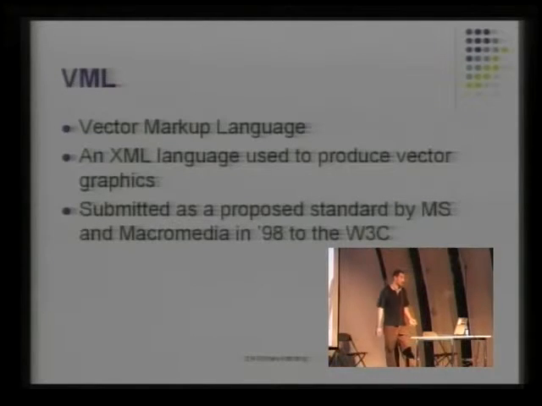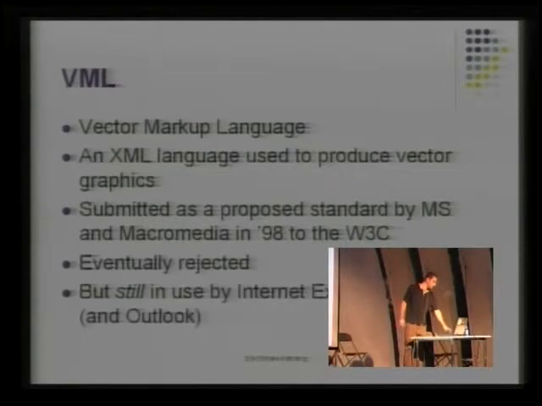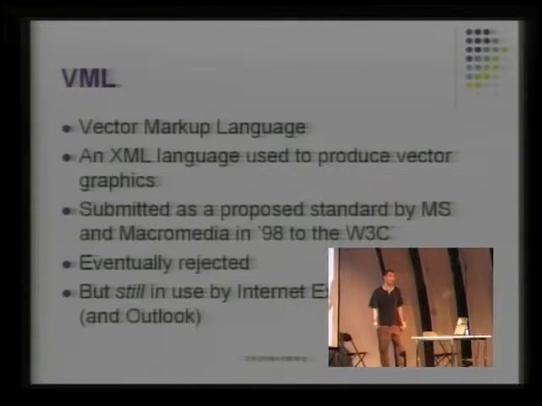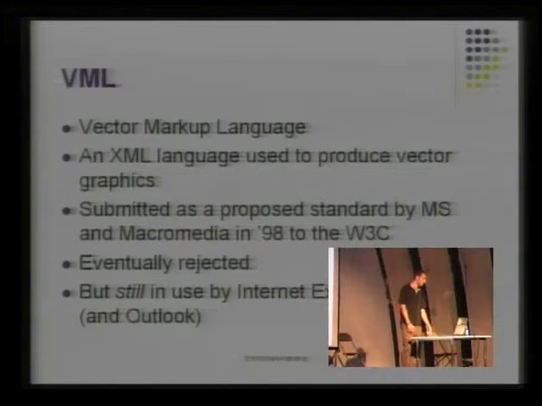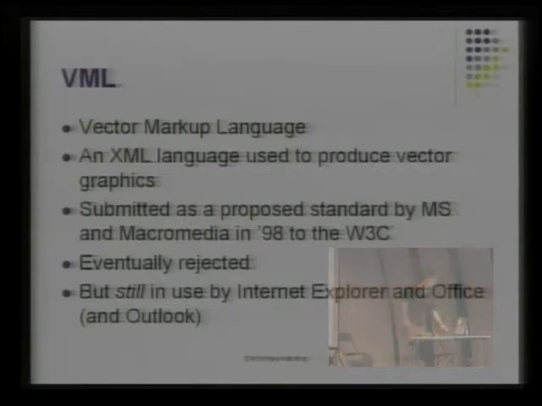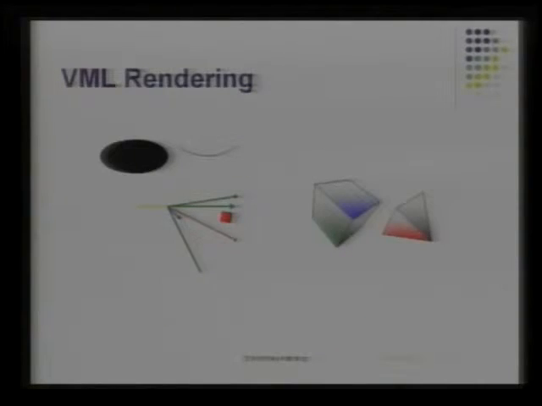It was proposed by MS in 1998. The problem was that it was rejected, but Microsoft still insisted on using it, and that's the outcome, indirectly, that we have this 0-day.